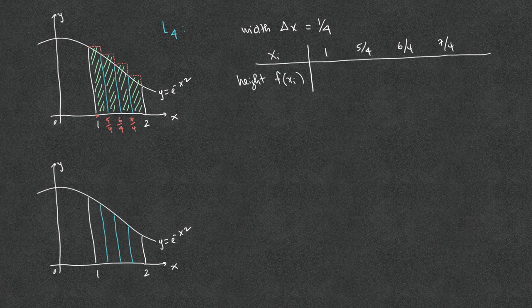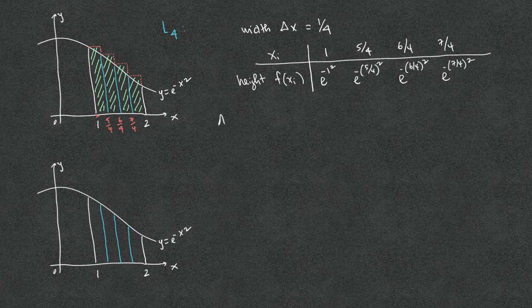When x equals 1, f of x is e to the negative 1 squared, because the function f of x is e to the negative x squared. It tells us how high the functional value is. When x is 5 over 4, the height is e to the negative 5 over 4 squared, then e to the negative 6 over 4 squared, e to the negative 7 over 4 squared.